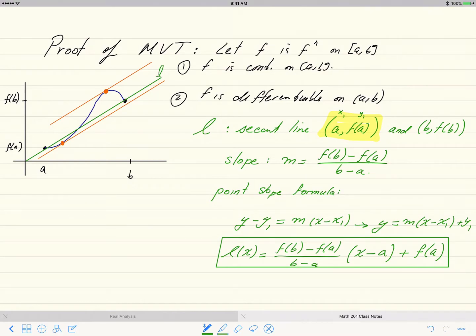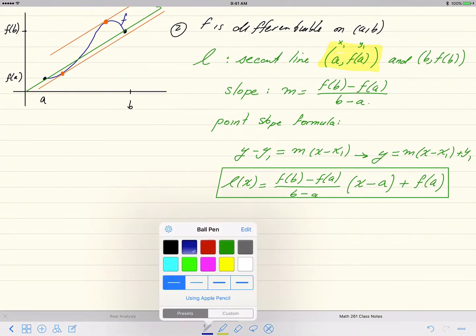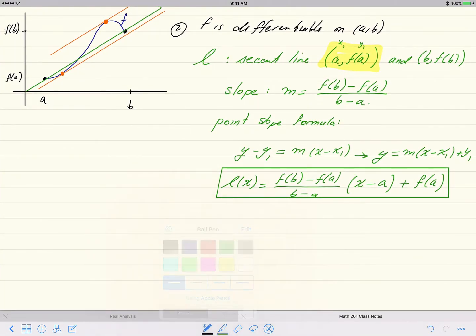Okay? And this blue graph is, of course, f. Now we're going to build another function called g. And here's what I want g to be. G of x is equal to my original function minus this linear function.